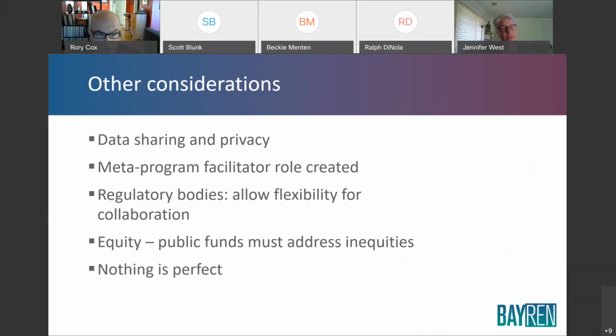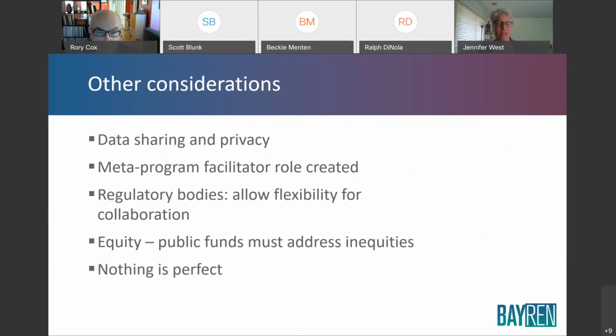Some of the other hiccups that we saw along the way, the data sharing and privacy issues are not to be minimized. They're important and need to be taken care of carefully. I mentioned earlier this kind of meta program facilitator role. Becky reminded me that there was a lot of effort that went into NDAs and legal agreements and making sure that every lawyer at every organization felt comfortable with what we created.